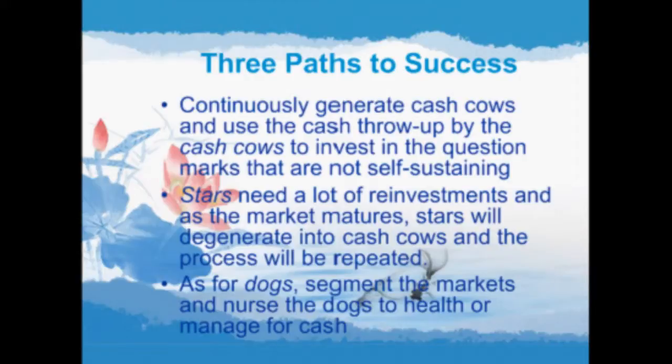Stars need a lot of reinvestment, and as the market matures, stars will degenerate into cash cows, and the process will be repeated. As for dogs, segments the market and nurse the dog to health or manage for cash.